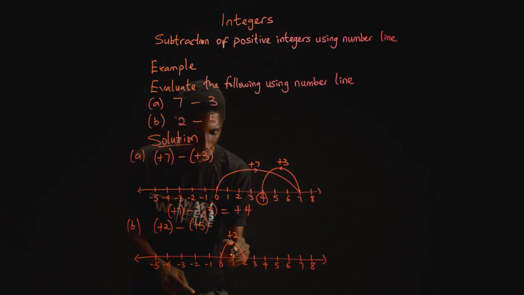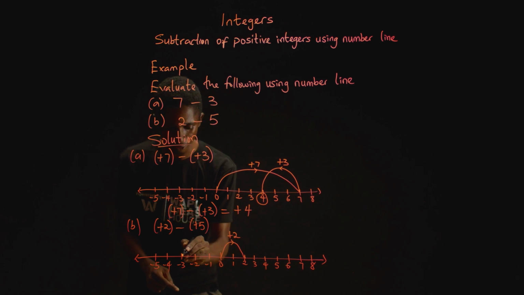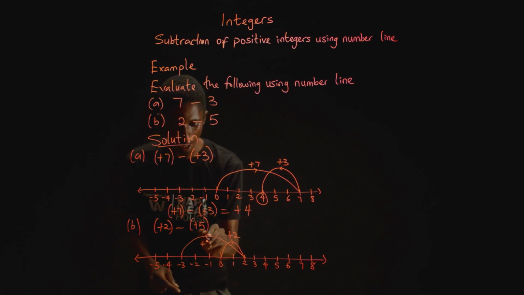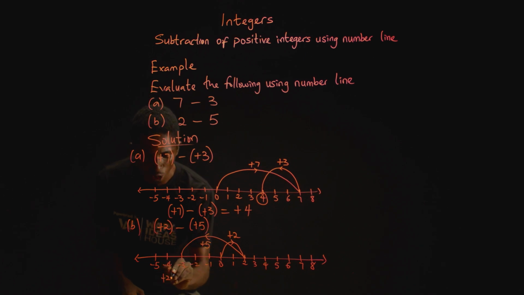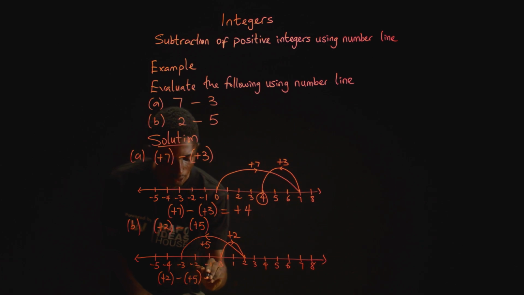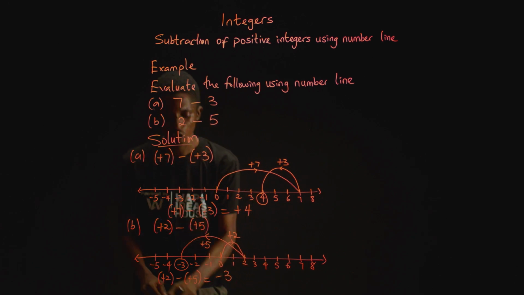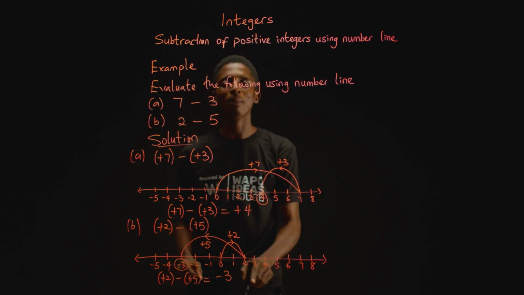Count. 1, 2, 3, 4, 5. In this direction to show our plus 5. This means that plus 2 minus plus 5 would give us, where have we ended up? We ended up at minus 3. So plus 2 minus plus 5 gives you minus 3.